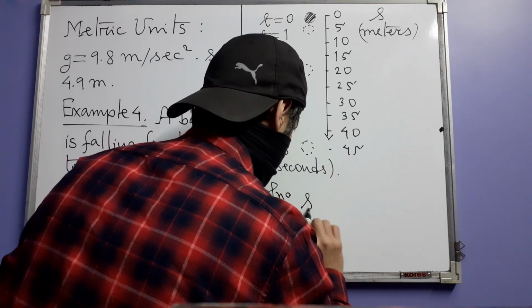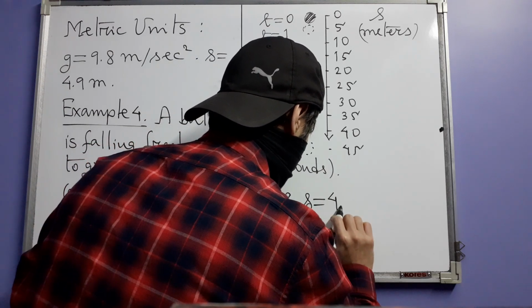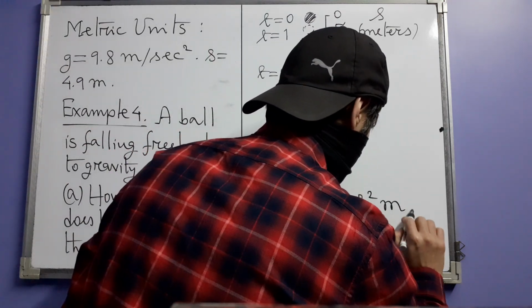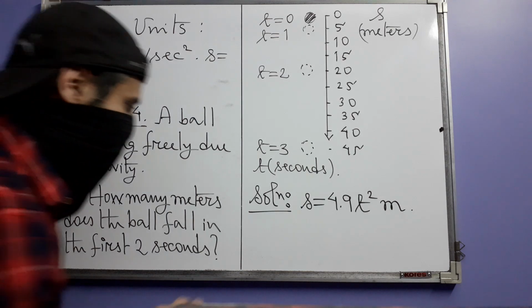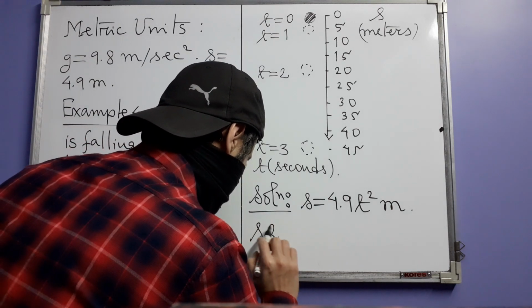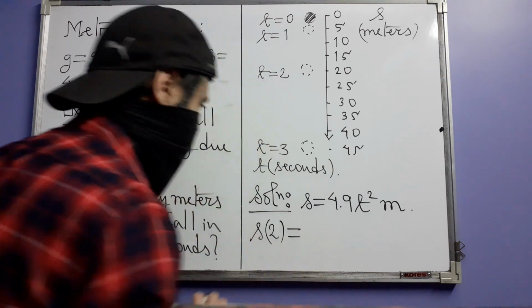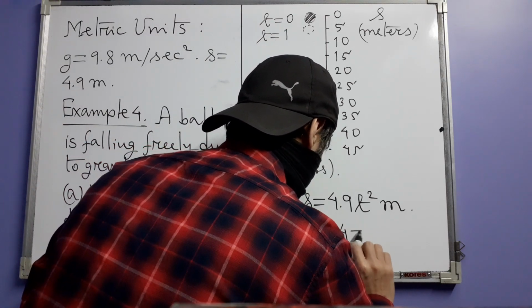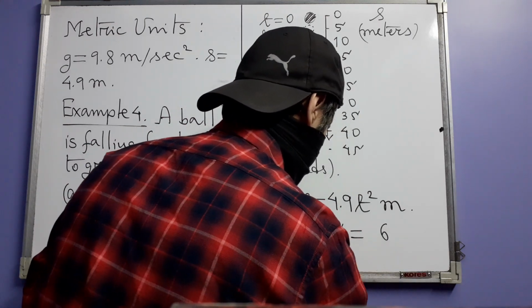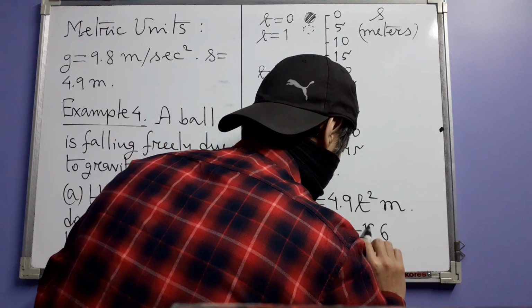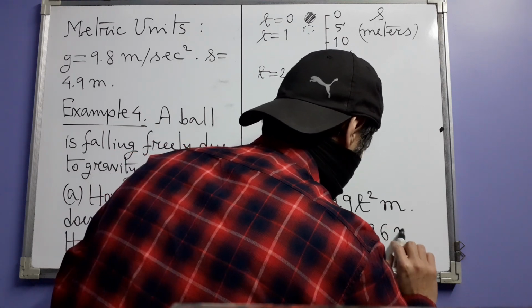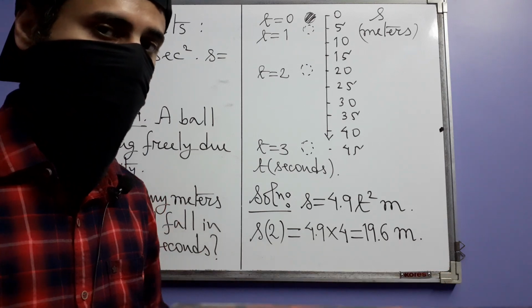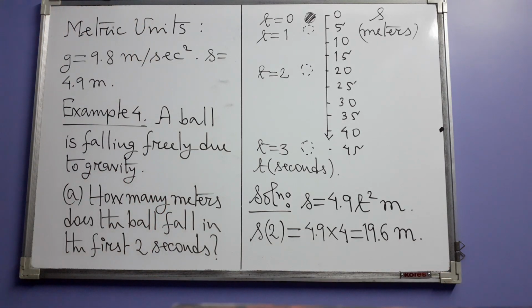If you use that, what is the equation? The equation is this, in meters. So that means you have to calculate S of 2. S of 2 will be how much? 4.9 times 4, 19.6 meters. This is how far the body will fall in the first 2 seconds of its motion, of its fall.